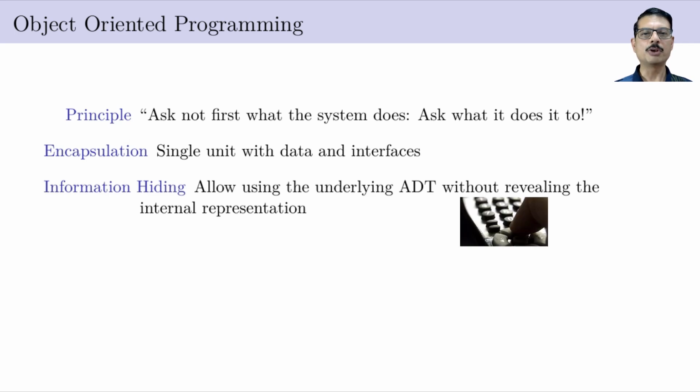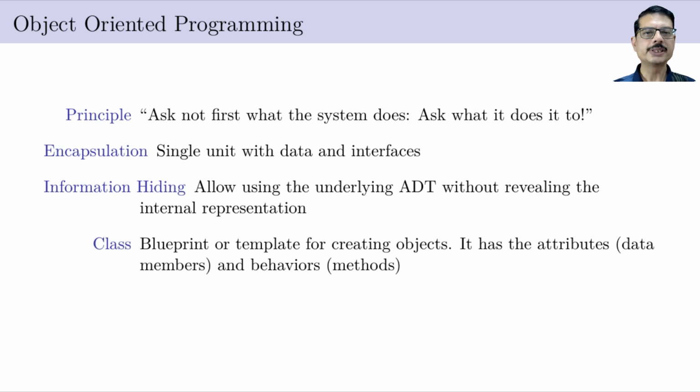Then there is information hiding. This is like using a TV remote. You know which buttons to press, but you don't need to see the circuit which is inside your remote control. Similarly, a class lets us use its public interface without exposing how everything works inside. Now, what's a class?